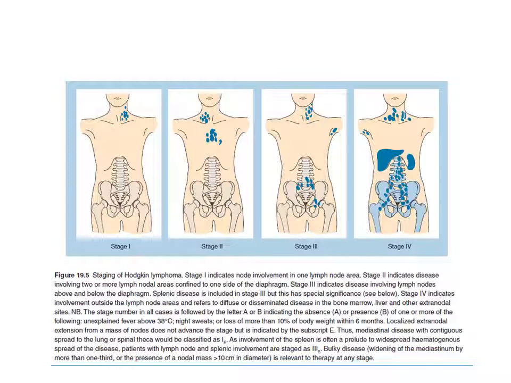Localized extranodal spread to the lung or spinal theca would be classified as 1E. As involvement of the spleen is often a prelude to widespread hematogenous spread of the disease, patients with lymph node and splenic involvement are staged as 3S.